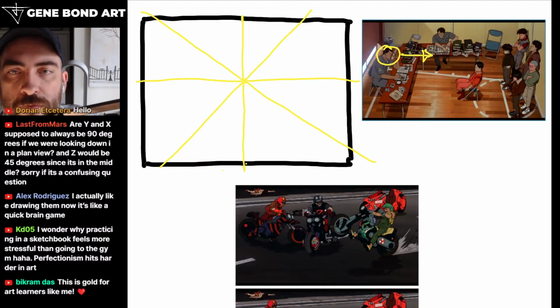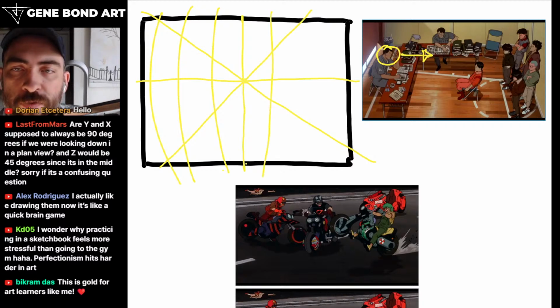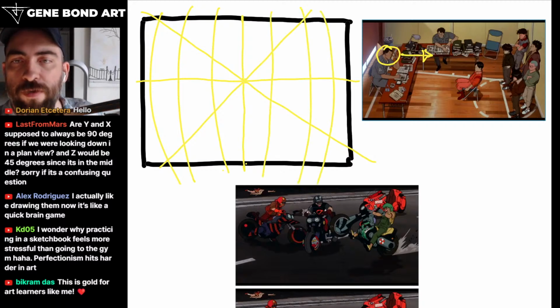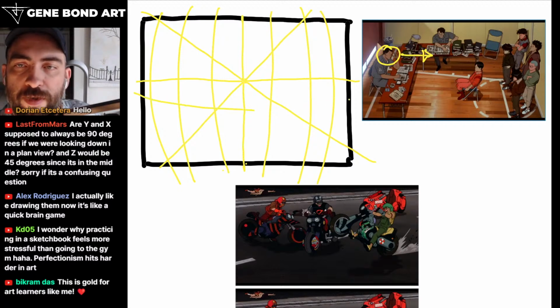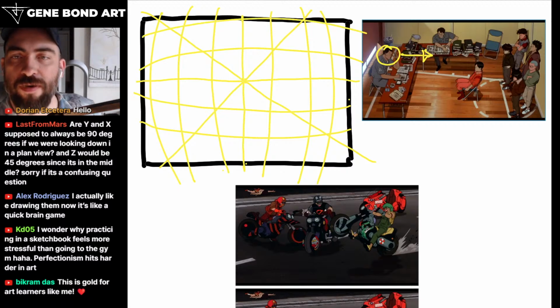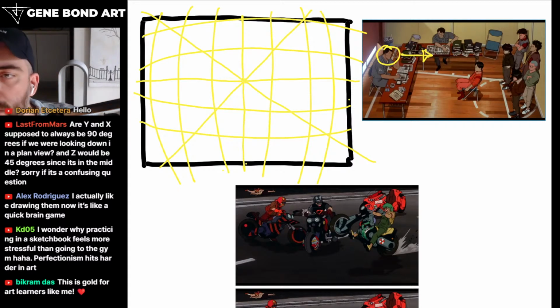I can make a whole course like a perspective university of Akira perspective. So it's this guy's point of view. So we look at his eye level.